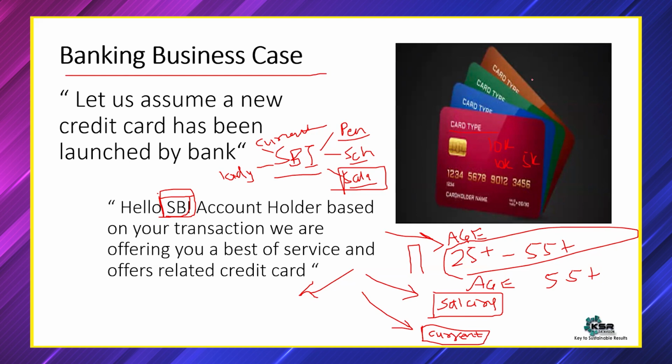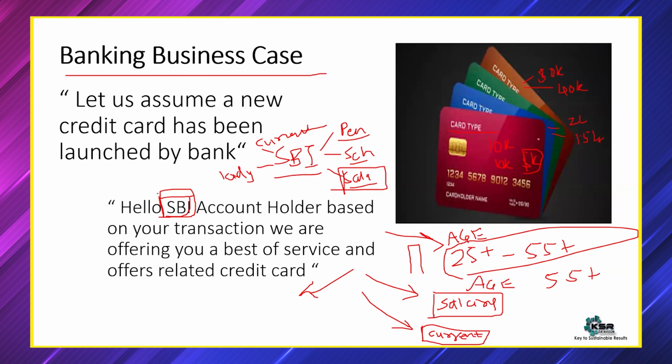A person with only 50,000 salary, assume that a person has a 50,000 salary, we will not give him a credit limit of 5K. We'll always give him a credit limit of around 40K, which he can pay. Or a person with 2 lakhs as his monthly salary, we can always give him a credit limit of around 1.5 or even more, 2 or 2.5.